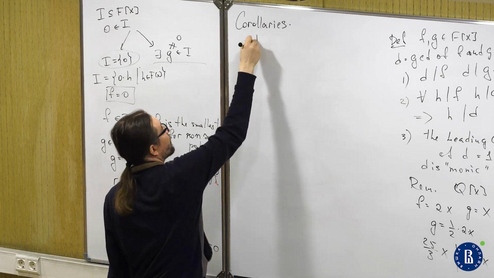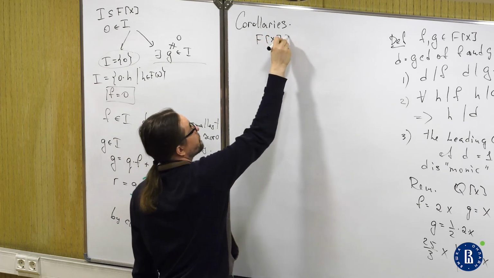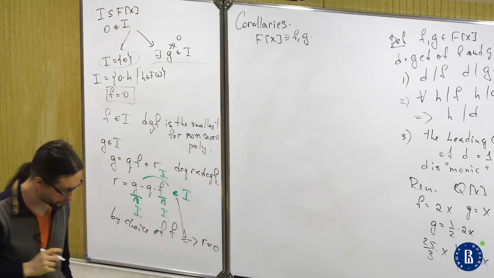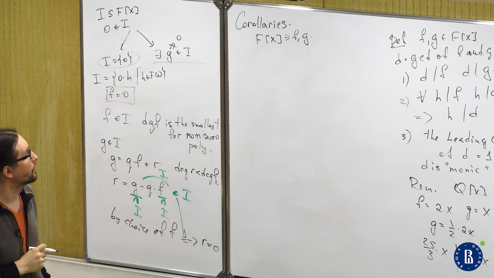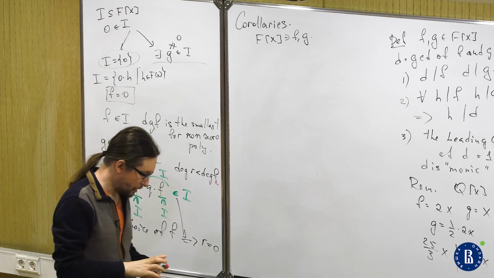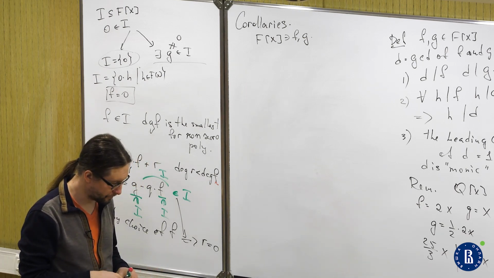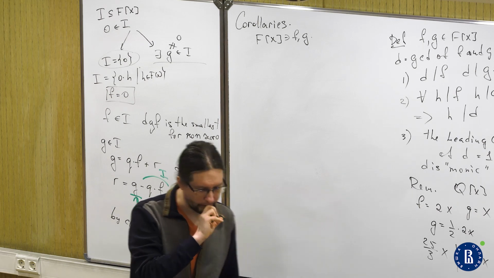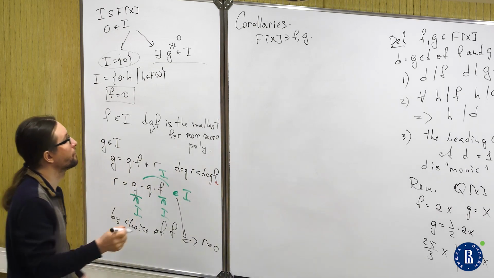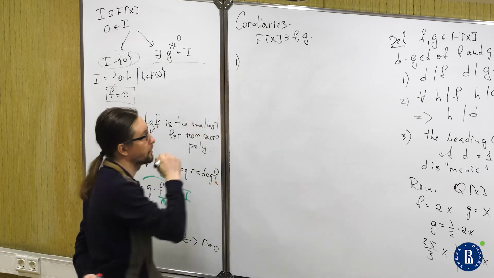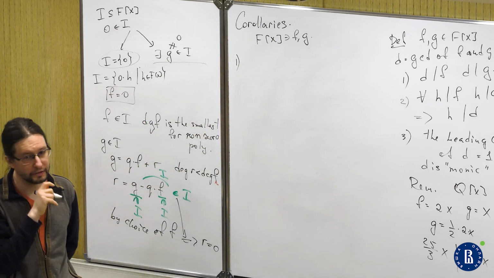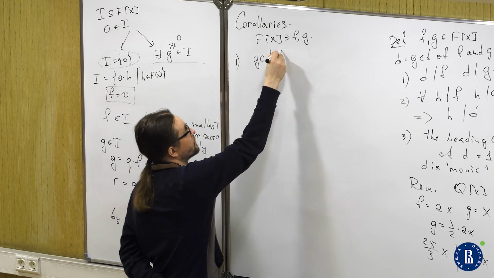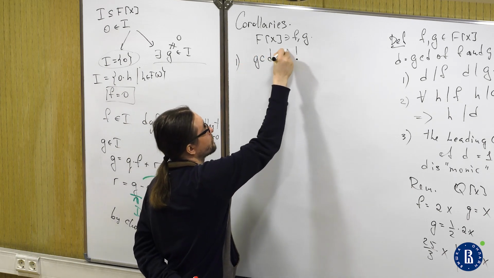So again, we have the polynomial ring, and we have two elements here. First of all, let me clarify that the GCD exists and is unique.